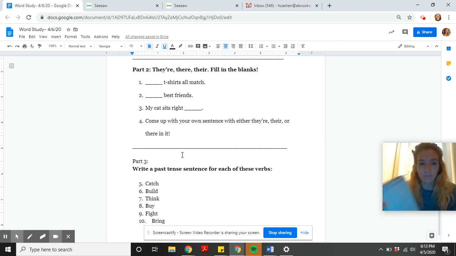For number two, which there matches the sentence there at the front. And then you're going to finish part three, the past tense sentences. You come up with each of these verbs. Make sure those verbs are in the past tense. You can pause the video here, keep that on your screen, and finish.